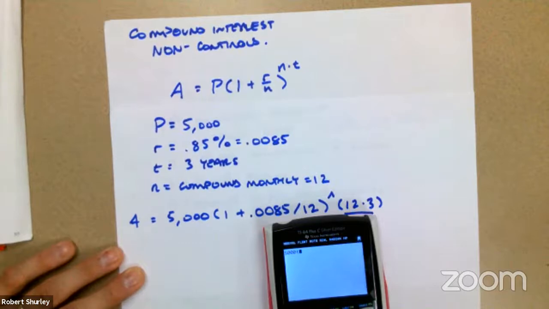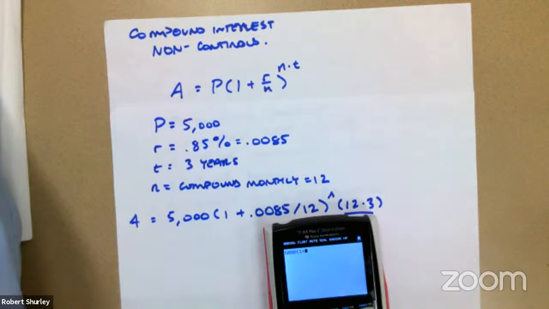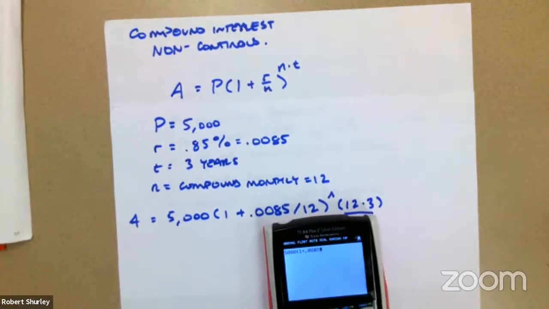5,000 times 1 plus 0.0085 divided by 12 raised to, is it 3 times 12 or 12 times 3? Doesn't matter. See how this one's automatically in the exponent?